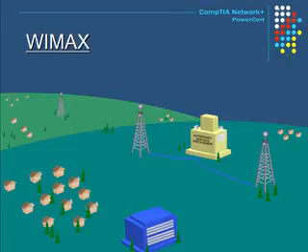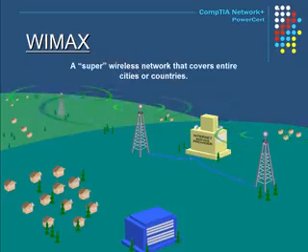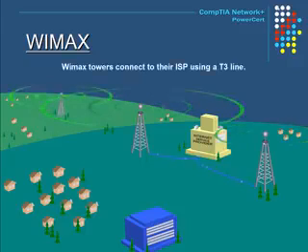Another broadband internet technology is called WiMAX. And much like your home wireless network, where it covers your home, WiMAX covers much larger areas. WiMAX is basically a super wireless network that can cover entire cities or countries. WiMAX works with WiMAX towers that are scattered in different geographical locations. And these towers directly connect to an internet service provider, typically with a T3 line.